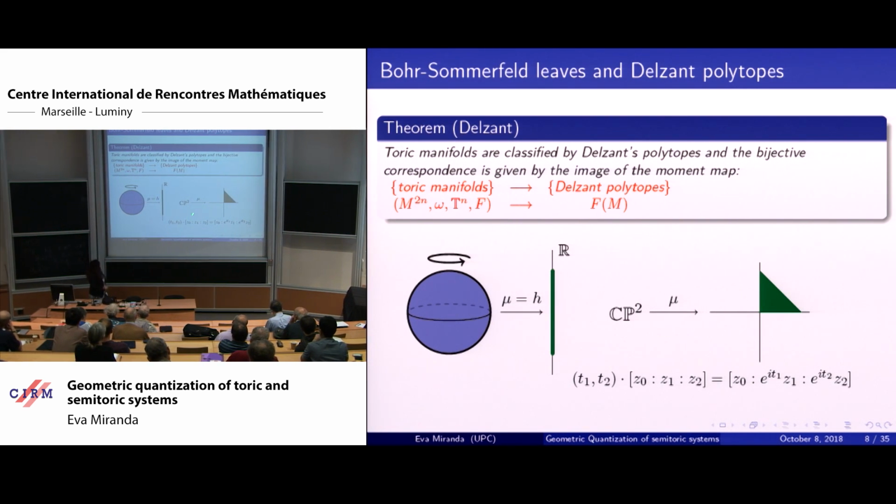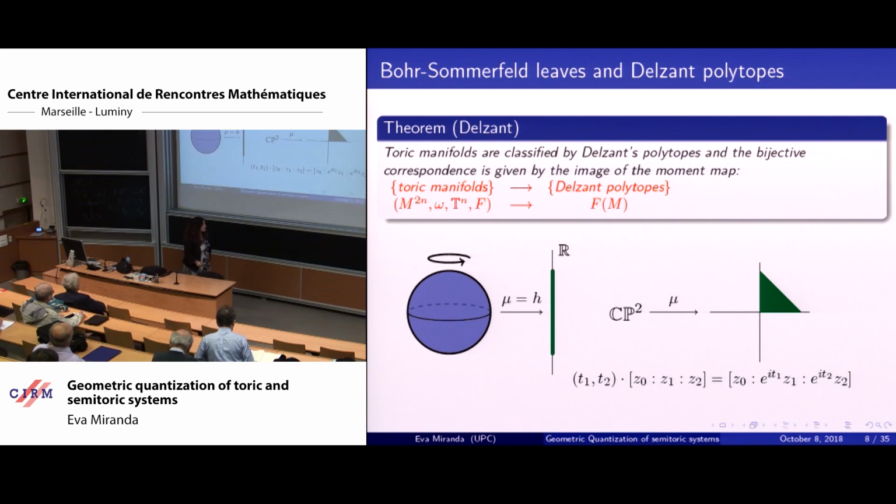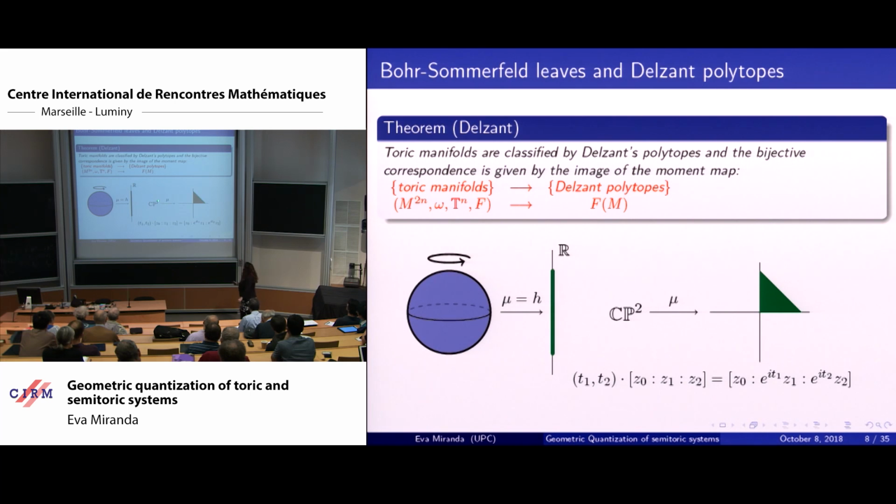And another example in CP2, which I couldn't draw because it's in dimension 4, but I can draw the image. I consider CP2, and here is the action, which is a torus action, and the image is just this triangle. So the Delzant theorem tells me that the image is not only a convex set, but a nice polytope where there are some conditions satisfied by the slopes.